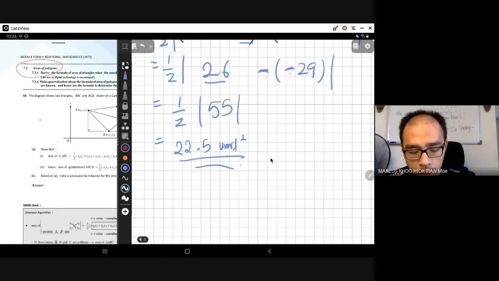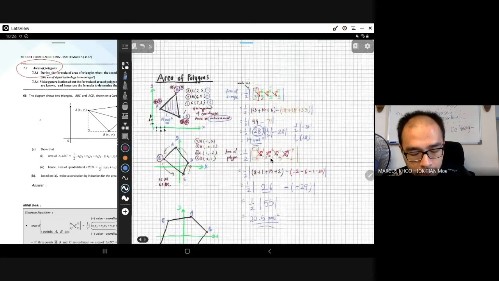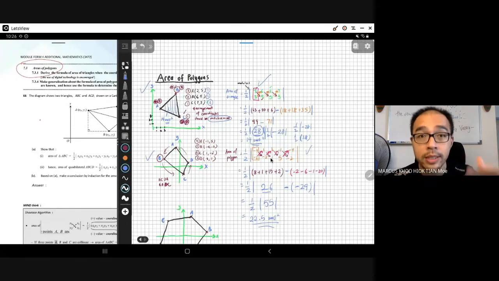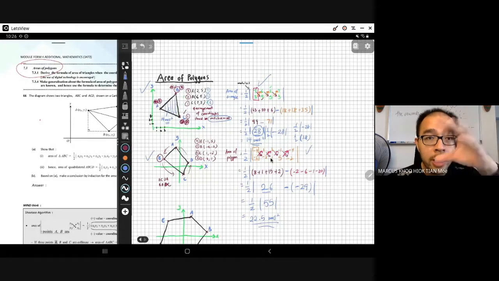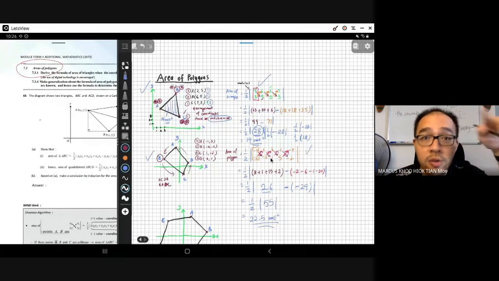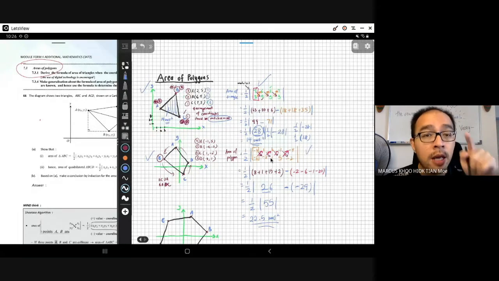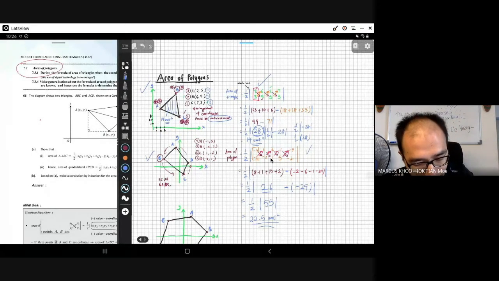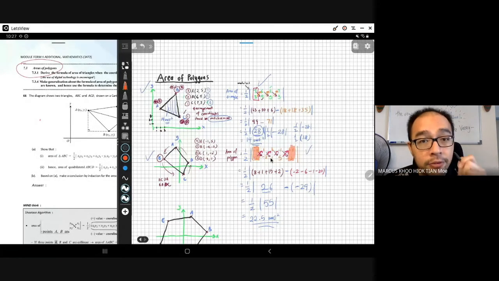Whether it is a triangle or a square, we use the same principle. We arrange all the coordinates. If they give you a diagram, it's better, then you can see the anti-clockwise position. But the most important thing is the first and the last must be repeated.